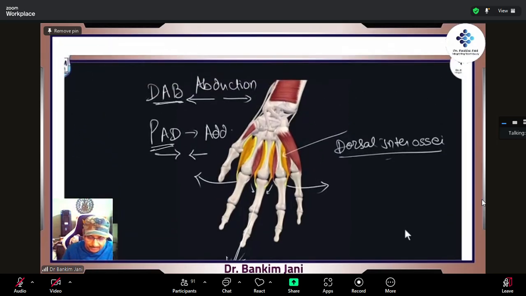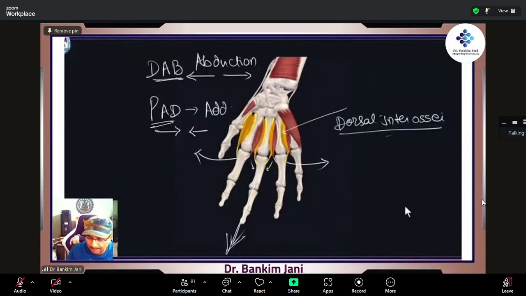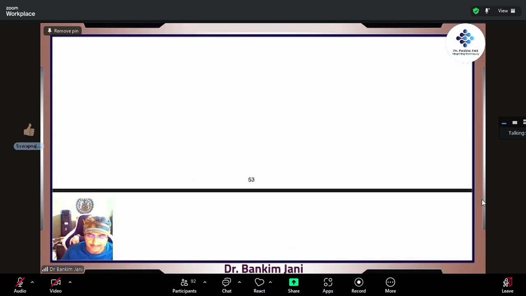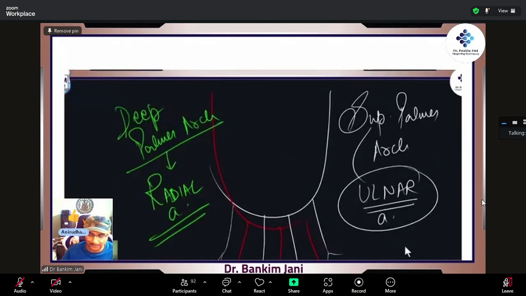Interestingly, why? Because if you see these interossei, they are connected on both sides. So when both of them contract, this long finger will remain over here only. Other fingers can go, but because it is pulled from both sides, it will stay in the middle. So that's why it is like this. What a wonderful mechanism, isn't it? Yes, this you know now.